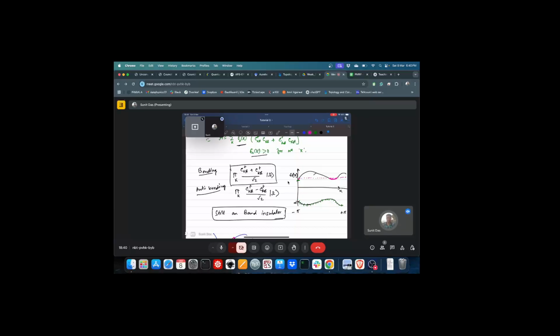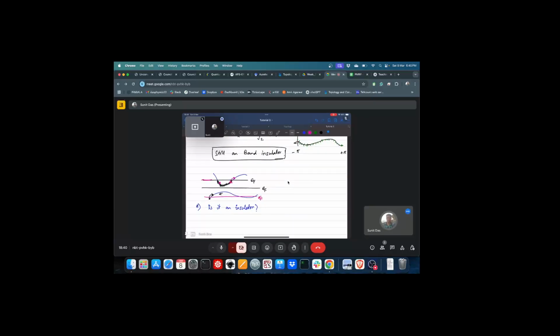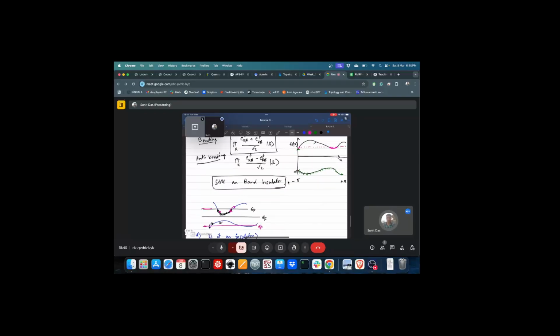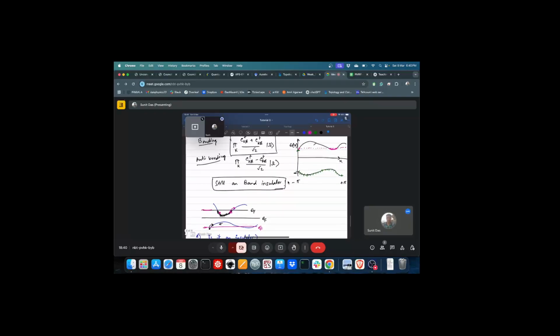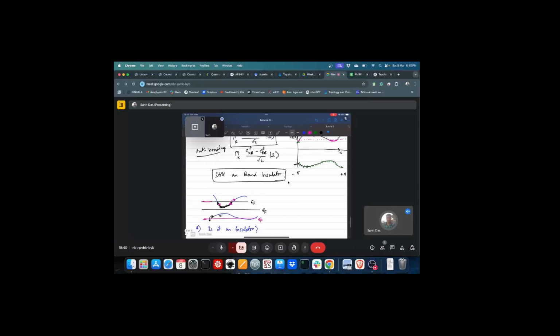Then again you encounter this kind of case, so it is not an insulator. Since our aim is to understand how a trivial insulator is different from a topological or non-trivial insulator, we will stick to the half filling case, so that we are in the insulating regime, and then we will see the difference between topological and trivial.